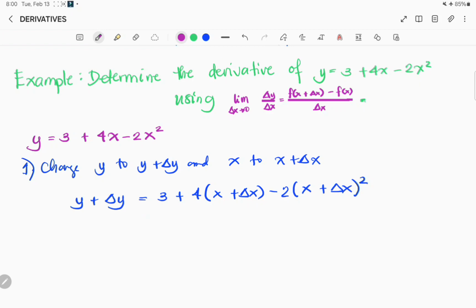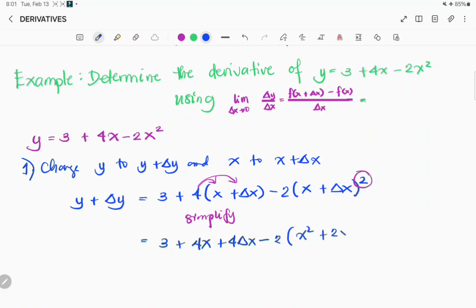It will become 3 plus, we have to distribute this factor outside, 4x plus 4 change of x. And then we have to expand this binomial square. The product is x squared plus 2x change of x plus change of x squared.